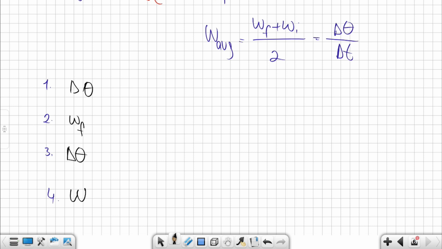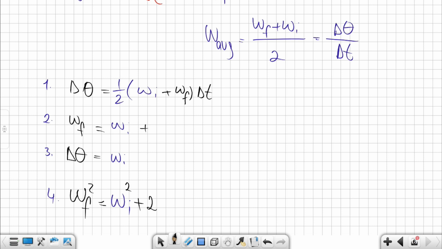And the last one was v final square, I will write omega final square. If you pay attention, all of them start with v initial, so all of them will start with omega initial. And the last one is also a square, and we have a 2 here. And this one is plus omega final times delta time. This one was plus alpha times delta time.